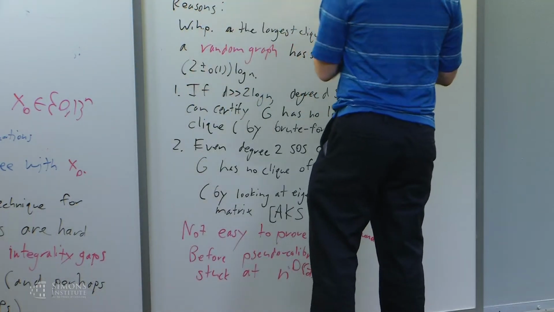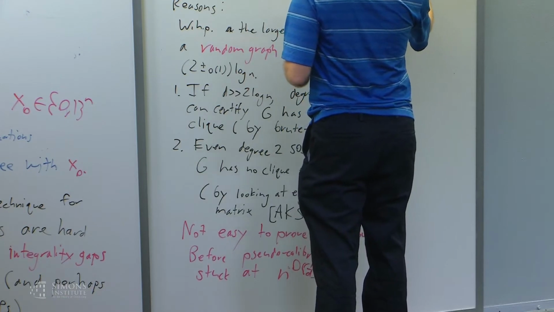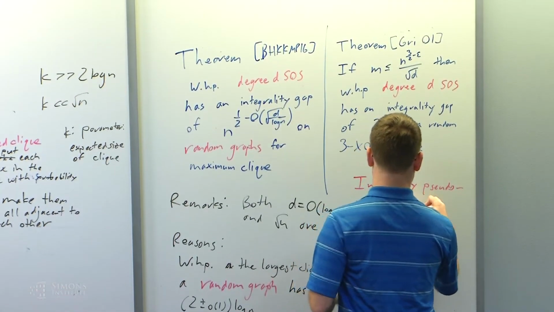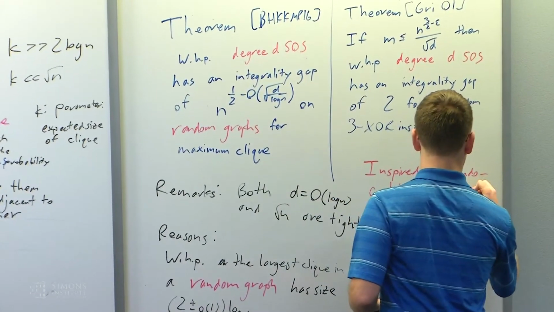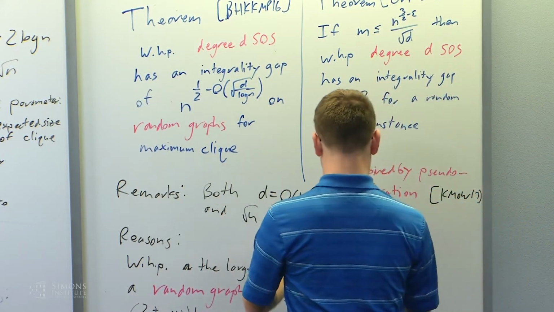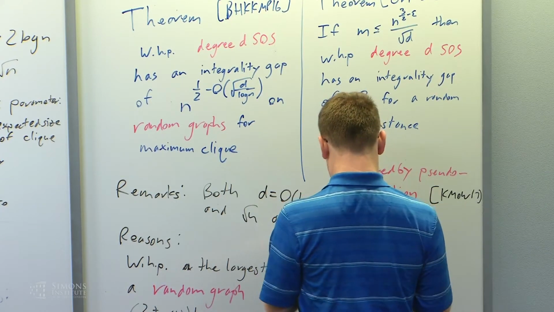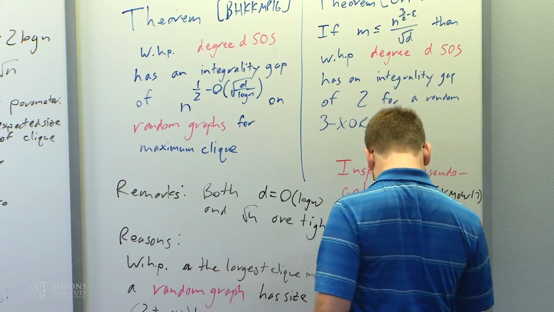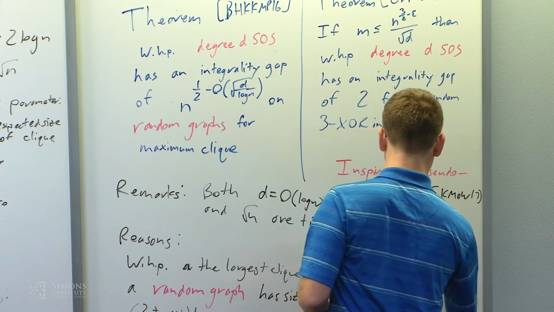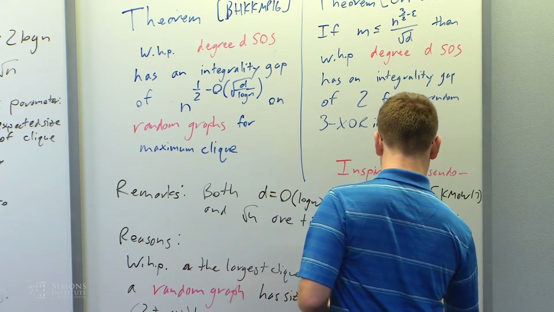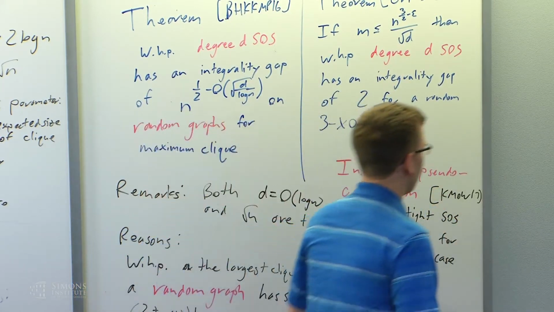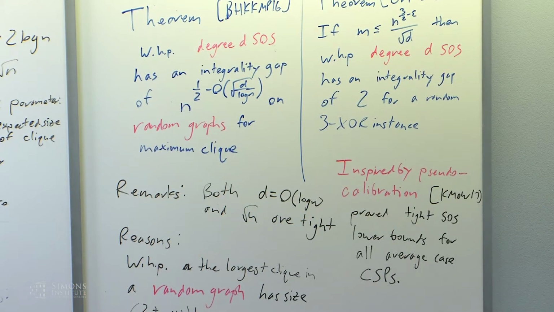That said, in recent work inspired by pseudo calibration, Kothari, Mori, O'Donnell, and Witmer proved tight SoS lower bounds for all average case CSPs. Okay, yeah. So these are the kind of results that we can show with pseudo calibration.